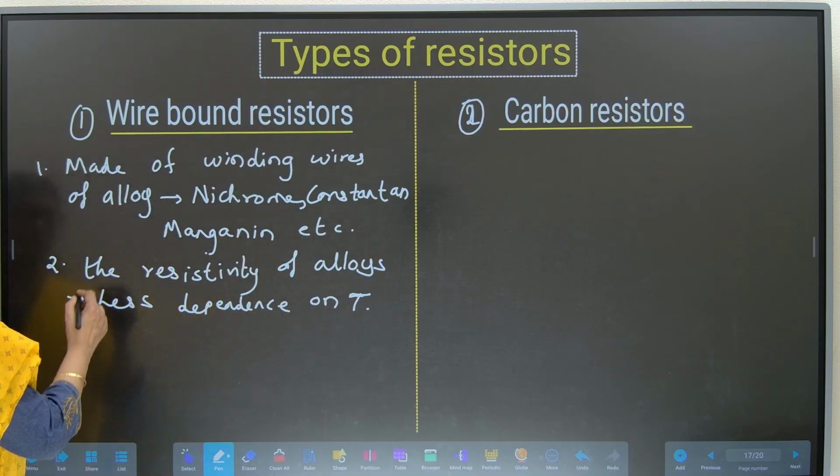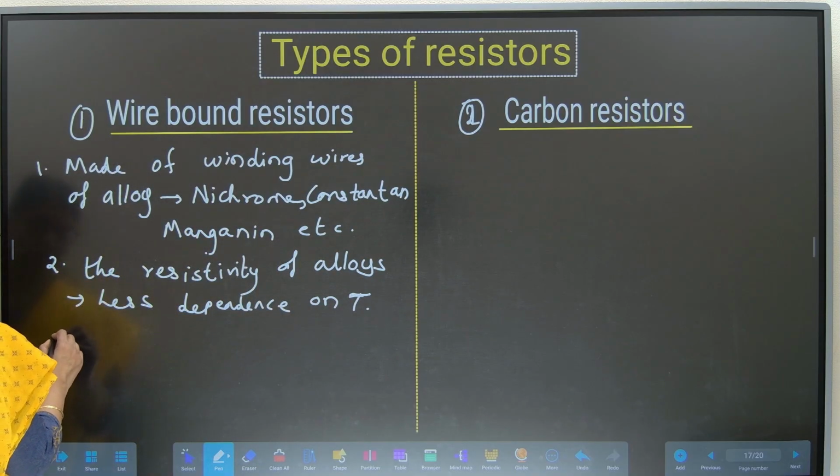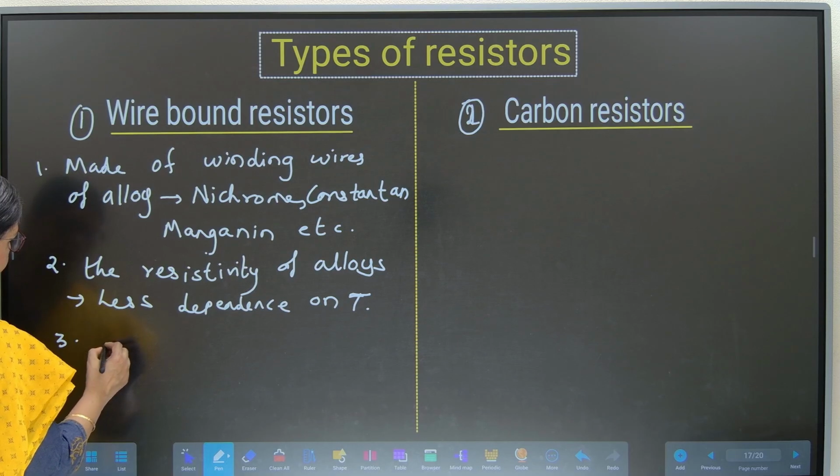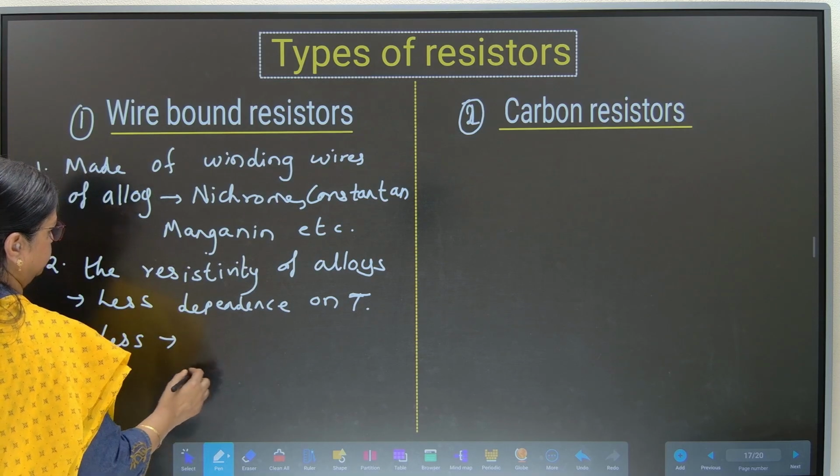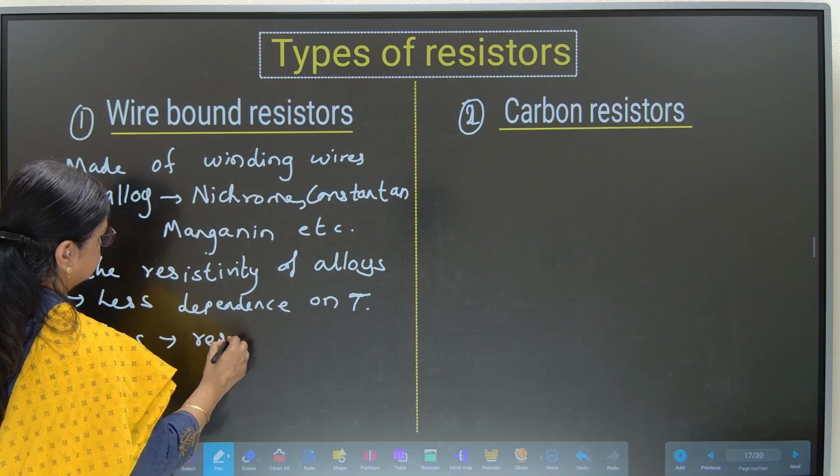Now, they are used for very low values of resistance.